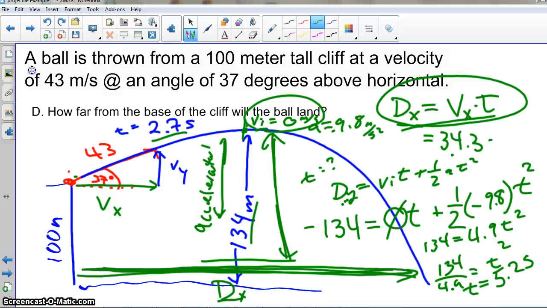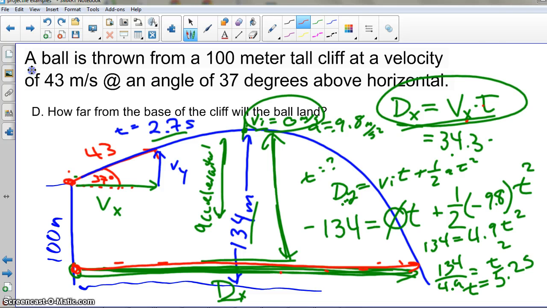Let's look at it. We want to know the distance that it went from here, I'm going to use a new color, I keep drawing in green, from here to here, right? That's the distance we want. So we're going to use the x velocity while it was going from here to here, and the time it took to go from here to here.